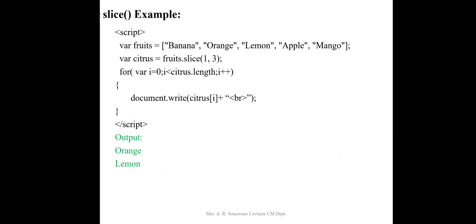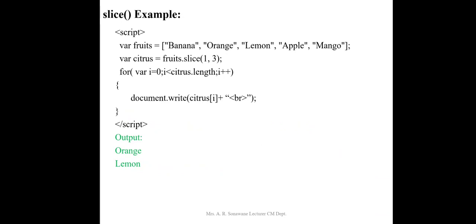In a script, I have created one array where fruits equals banana, orange, lemon, apple and mango. These are the 5 elements present in the fruits array. Now I have created one citrus array, where citrus equals fruits, our previously created array, dot slice 1, 3.